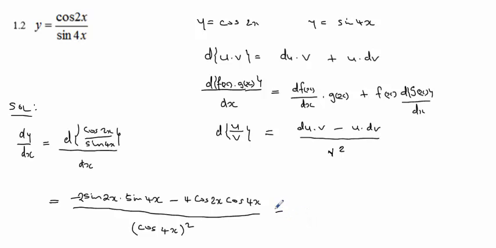Then rewriting this without the brackets, we can now write cos squared 4x.